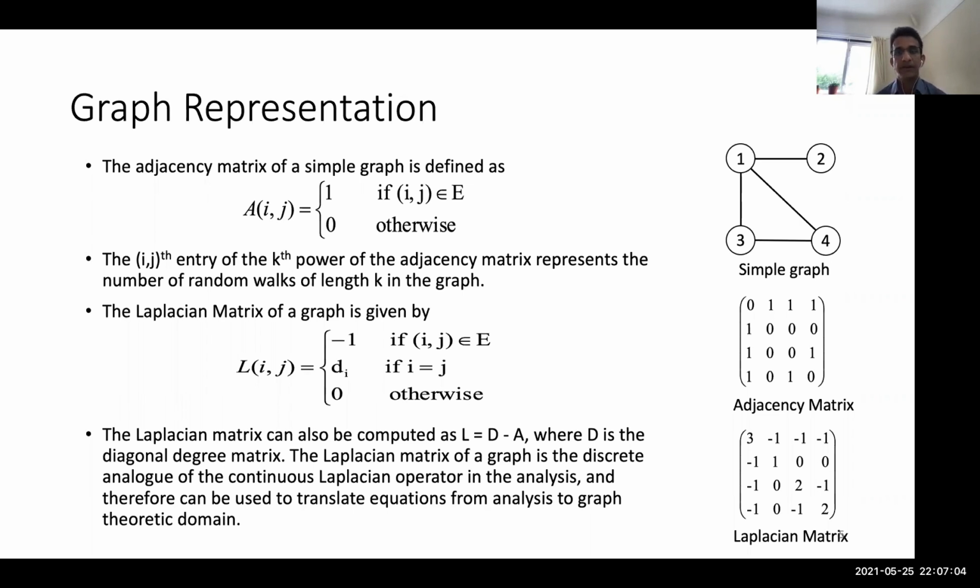The Laplacian matrix is the discrete analog of the continuous Laplacian in analysis. This Laplacian can be used to simulate partial differential equations such as the heat equation or wave equation on the vertices of the graph. It has found applications, for example, in dimensionality reduction and other applications as well.